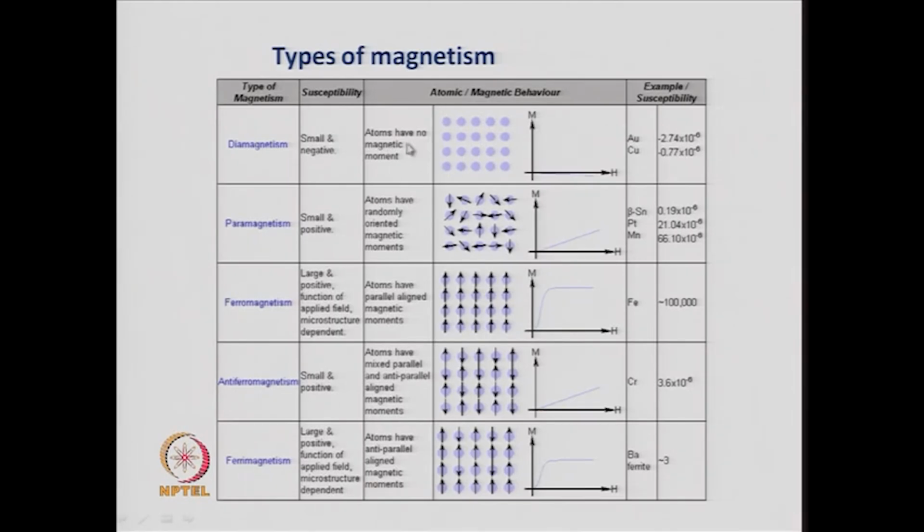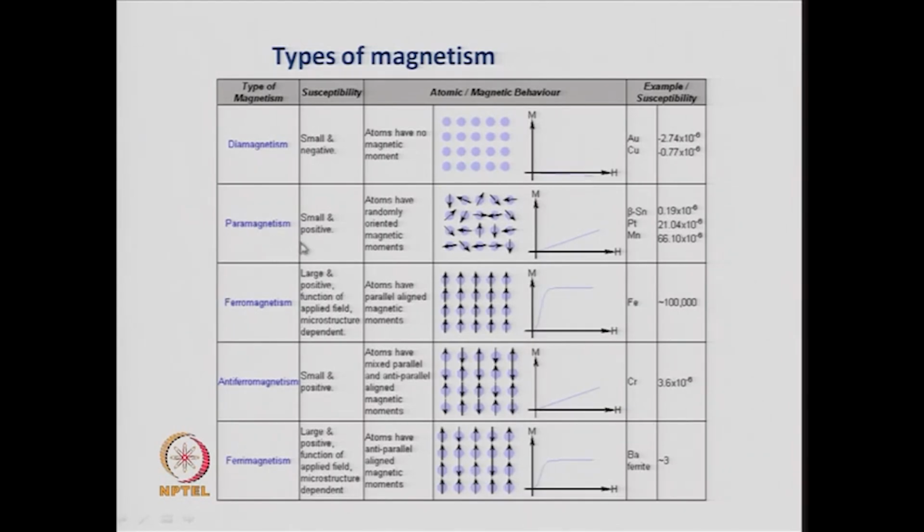So, there is no magnetic moment on the atoms. This small diamagnetism is due to the electrons in the inner shells, and it is negative, and it is very small, of the order of 10 to the power minus 6.